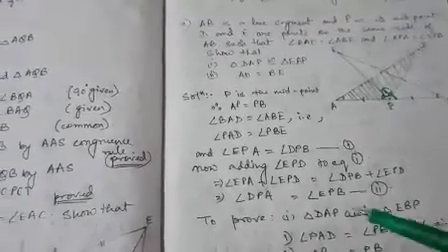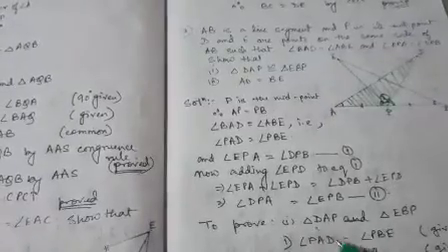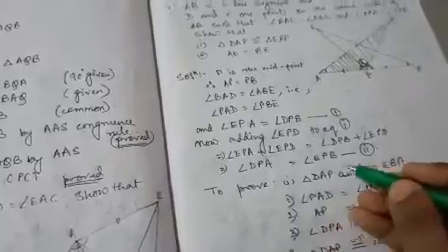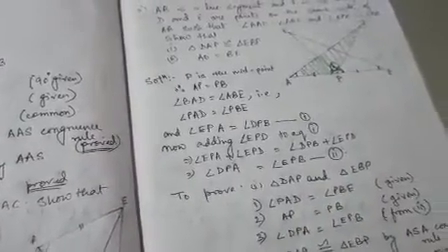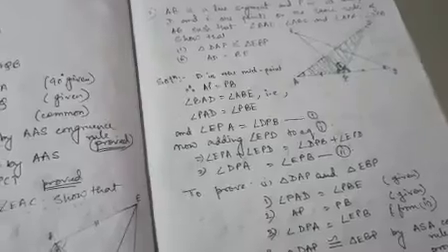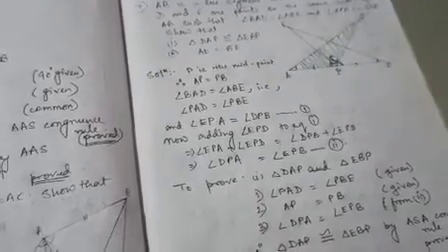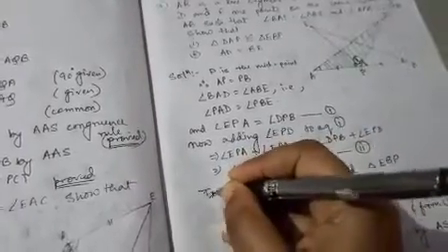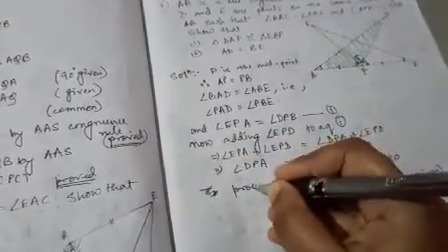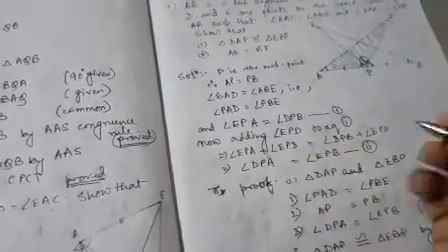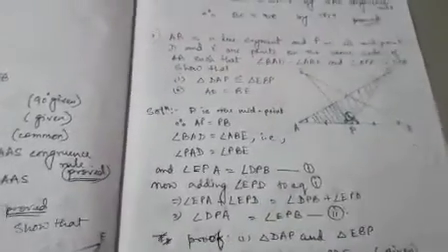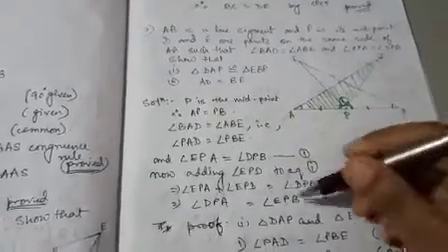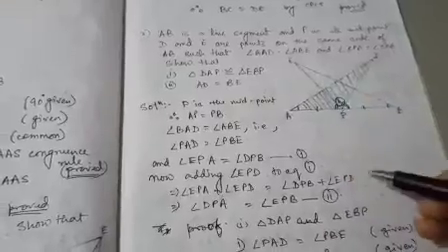Now to prove was triangle EPB is equal to triangle DAP.